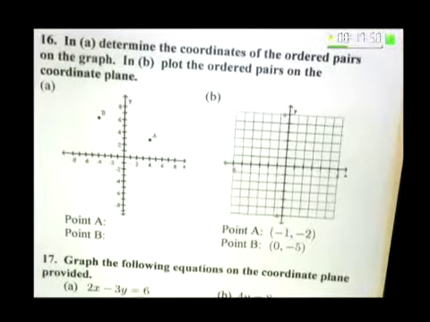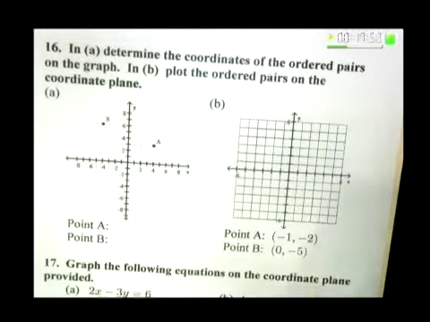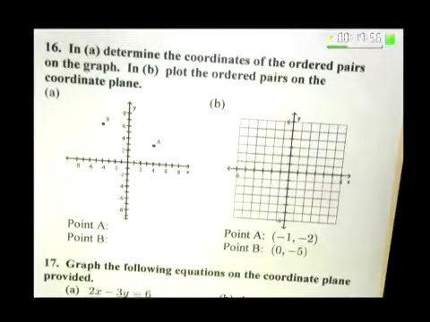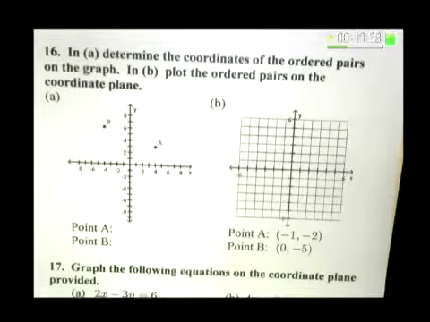Let's go to question number 16. In question number 16, first thing, of course, you're going to do is read the instructions. In part A, determine the coordinates of the ordered pair on the graph.